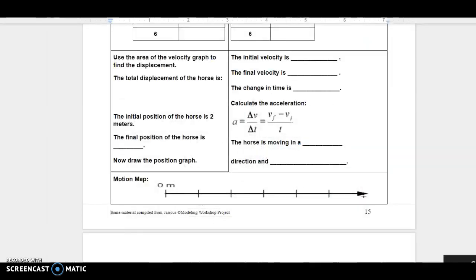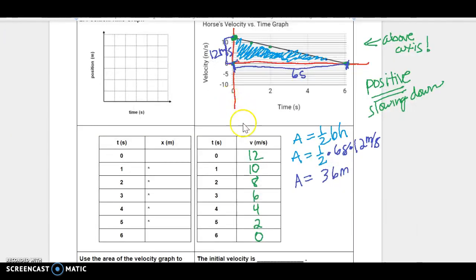There we go, 2 meters, okay? And I know he traveled a displacement of 36 meters. So by the time he gets to 6 seconds, he has to be at a position of 38 meters, because 2 plus 36 more is going to make 38.